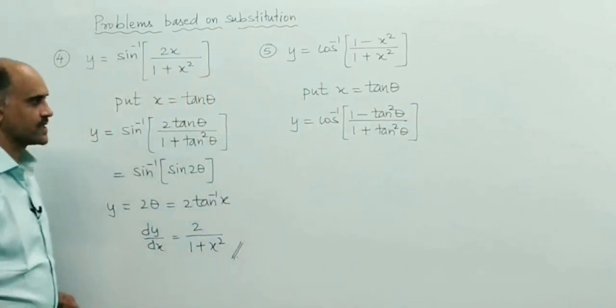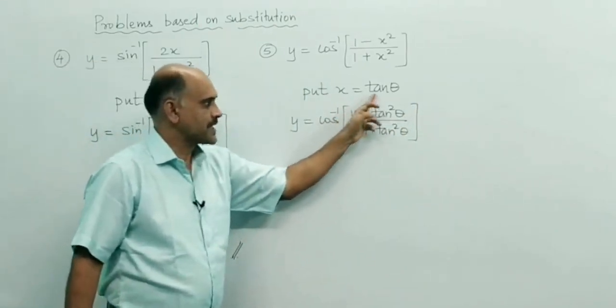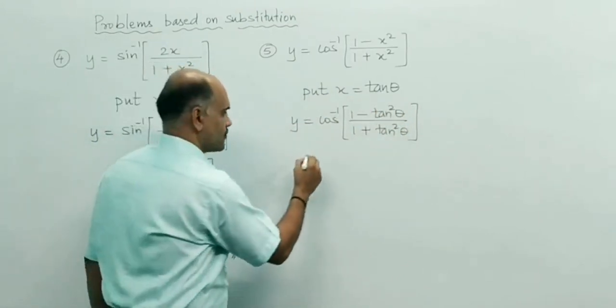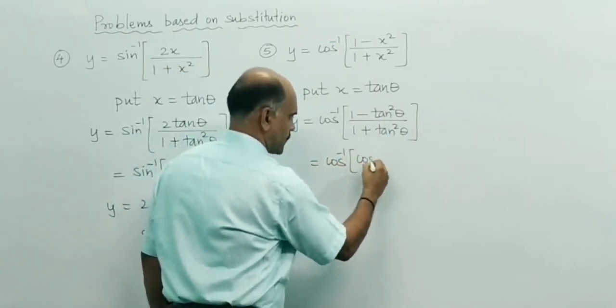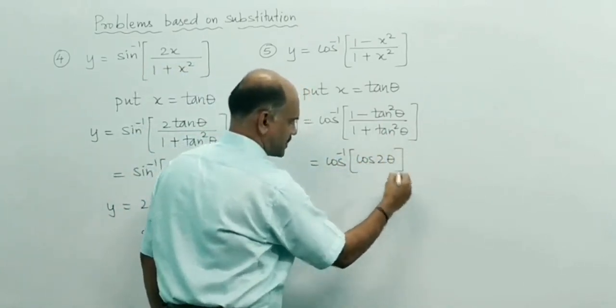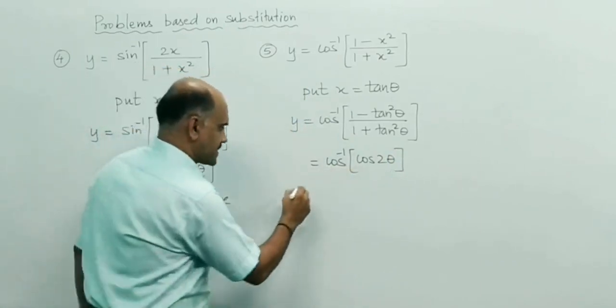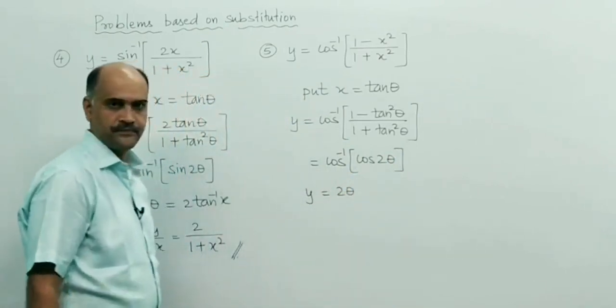This bracket is the formula for cos 2 theta. So cos inverse cos gets cancelled. You will have y is equal to 2 theta.